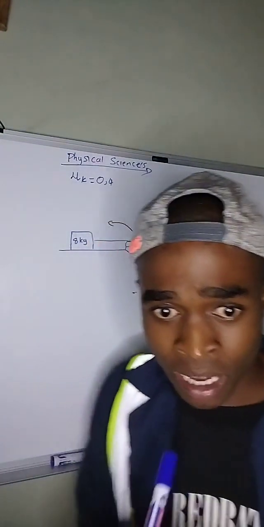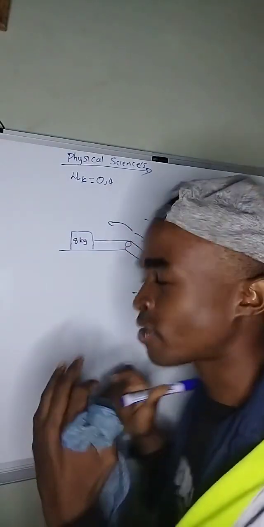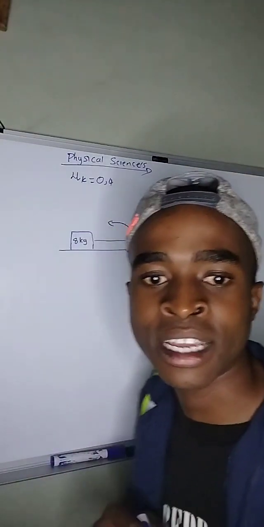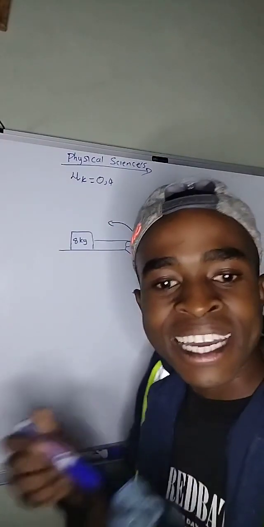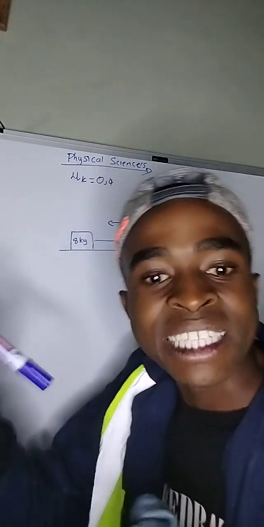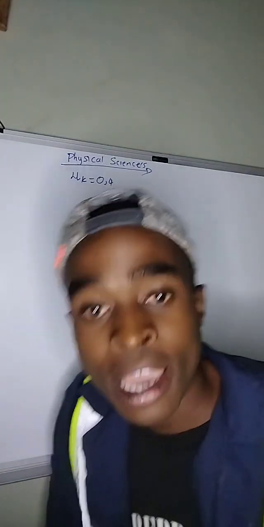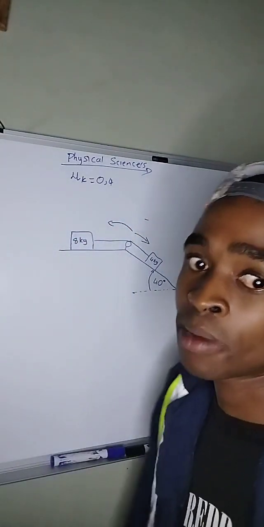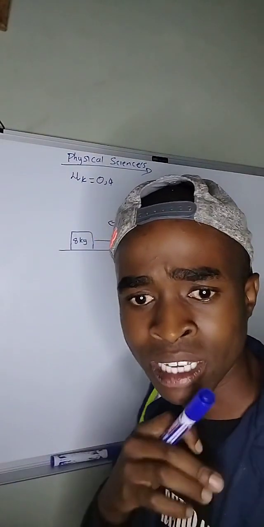Since this one is the second law, it tells us that the object will accelerate in the direction of the force, directly proportional to the force and inversely proportional to the mass of the object. Did I define it right?